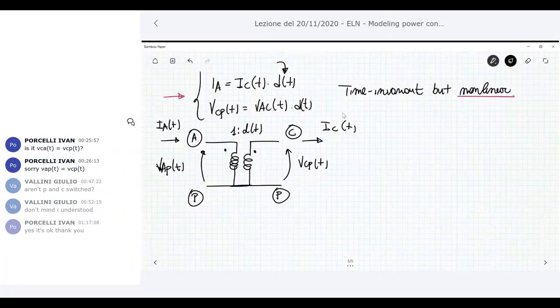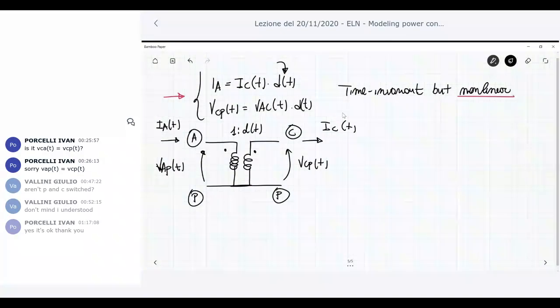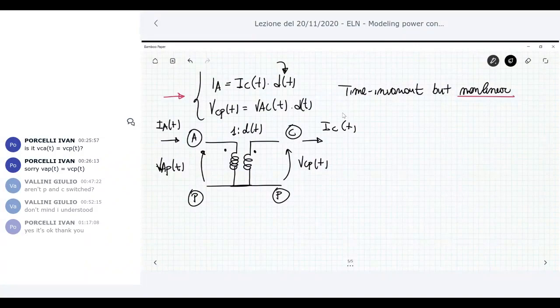But it is not real for two different reasons. The first one is that it transforms DC quantities. Okay, any real transformer cannot transform DC. It only transforms variable quantities. So this is something which is not real. It transforms DC.